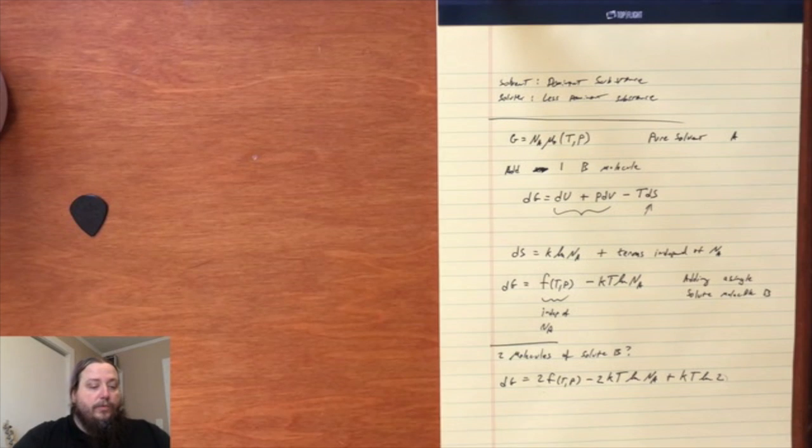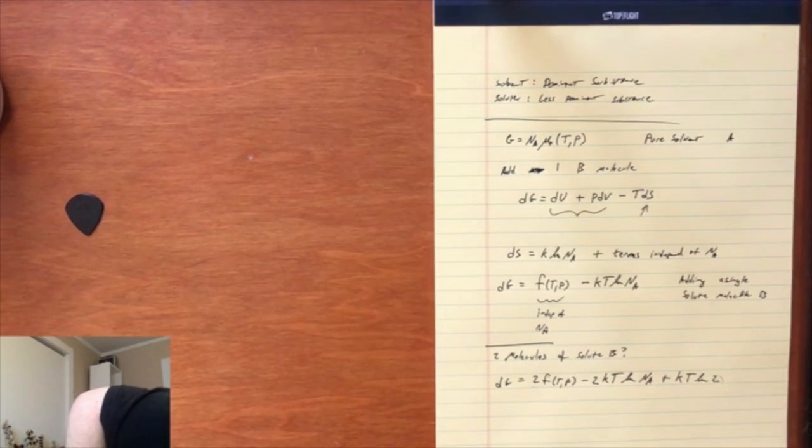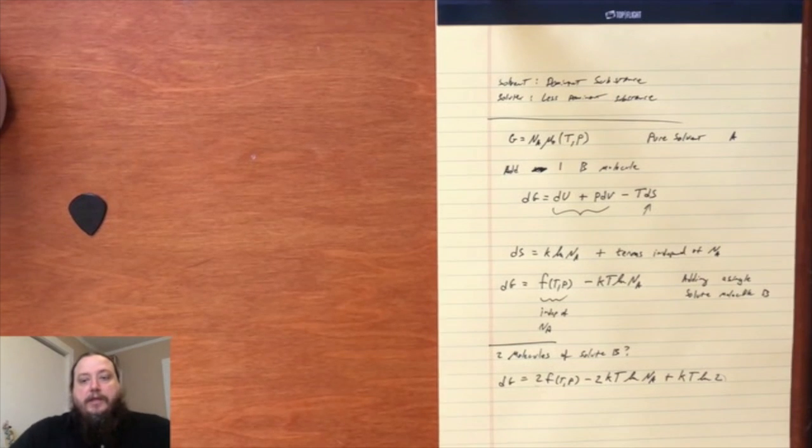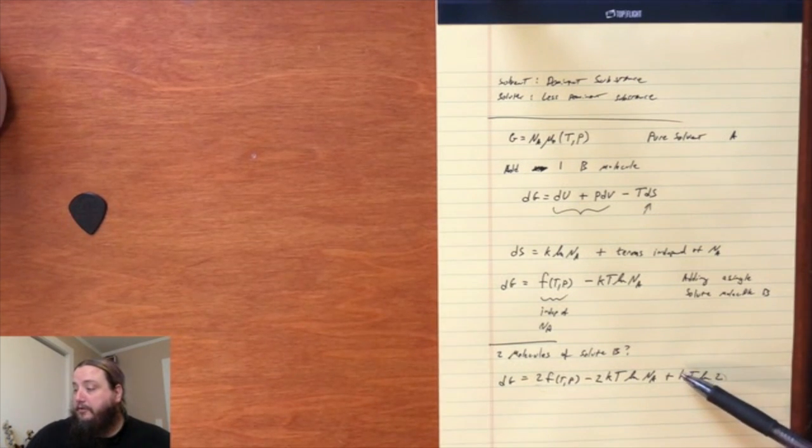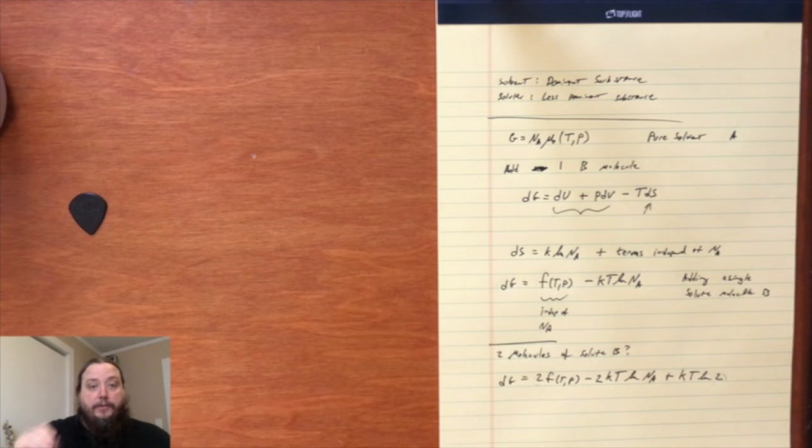The same familiar story will play out when we want to look at 3 molecules, for instance. If we wanted to add 3 molecules of solute to our solvent, then we would have 3 locations, 1, 2, 3, with indistinguishable particles in them.